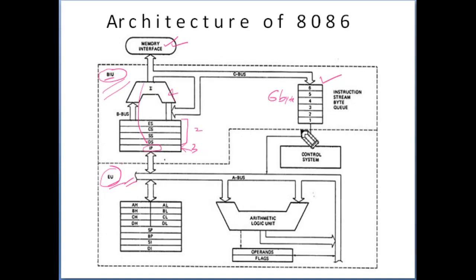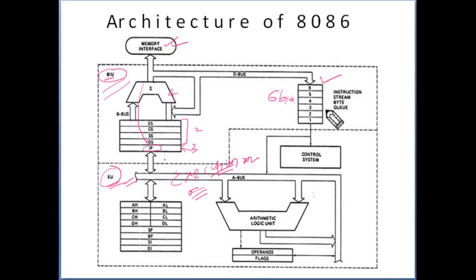So it supports the pipelining concept, because while the execution unit is doing work on one instruction, at the same time the bus interface unit does the work of fetching. That means while the execution unit is performing execution on the current instruction, the bus interface unit fetches the next instruction and stores it in the instruction queue.